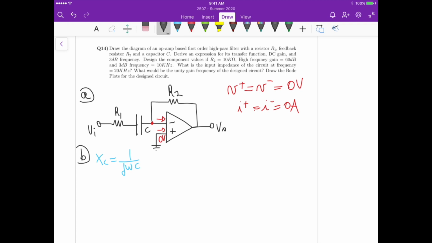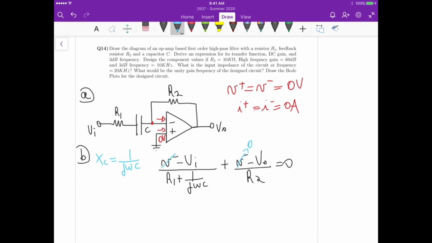And then we get (V minus minus Vi) divided by (R1 plus 1 over j omega C), plus (V minus minus V out) divided by R2, equals 0. So remember that this one here is 0 volts, this one here is 0 volts.